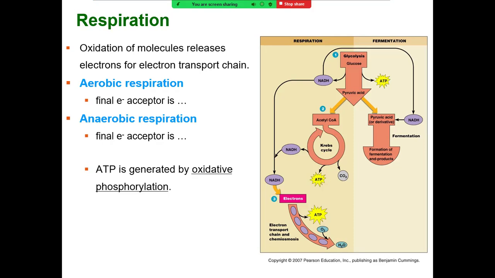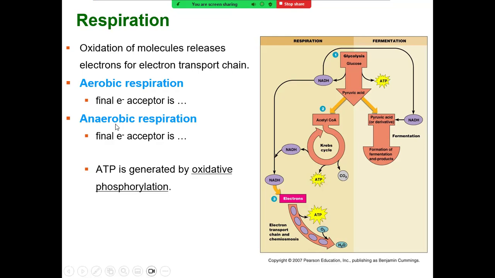In anaerobic respiration, the final electron acceptor is a molecule other than oxygen. It depends on which form of anaerobic respiration we're talking about. It can be iron, it can be nitrate, it can be nitrite, it can be sulfate, and each of the different forms of anaerobic respiration has a different final electron acceptor.